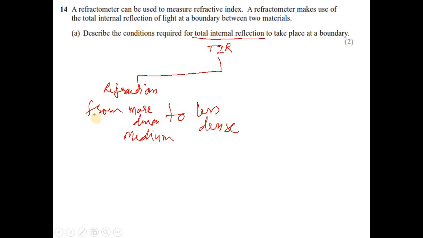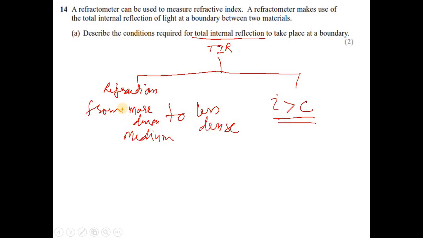So refraction should be from more dense medium to less dense medium. This is the first condition. And then the second condition is the incident angle should be greater than the critical angle. Then we can observe total internal reflection.